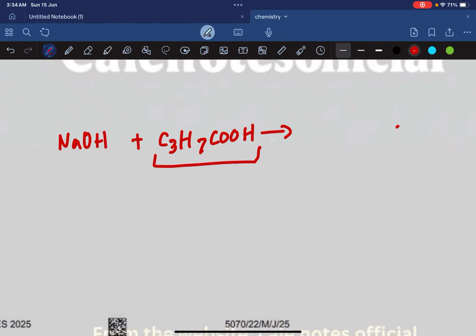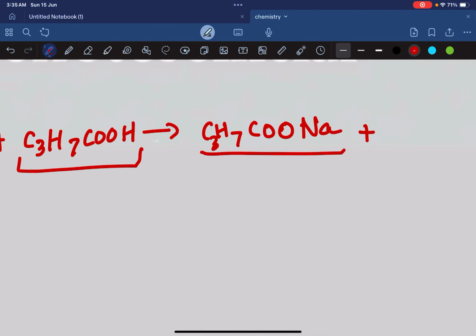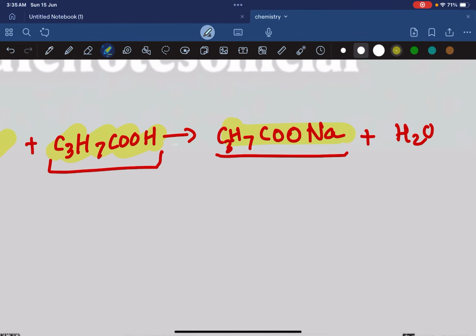So it's going to form sodium butanoate, which is going to look something like this: C3H7COONa. So that's sodium butanoate, plus water, H2O. These are the two products that are going to be formed, because you know that whenever we react an alkali with an acid, we form salt and water.